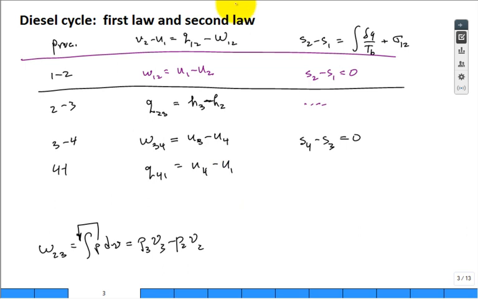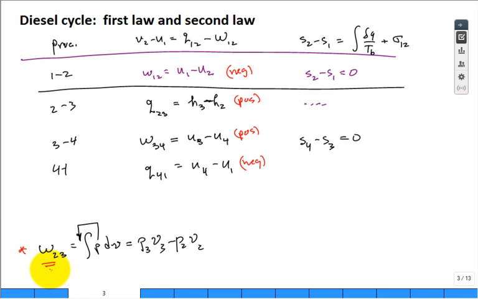If you want, you can just remind yourself, this is going to be a negative quantity because it's heat transfer out. This is a positive quantity because it's heat transfer in. This work 3 to 4 is positive out, and this one is negative in. Okay, right. There is a non-zero work for 2 to 3.